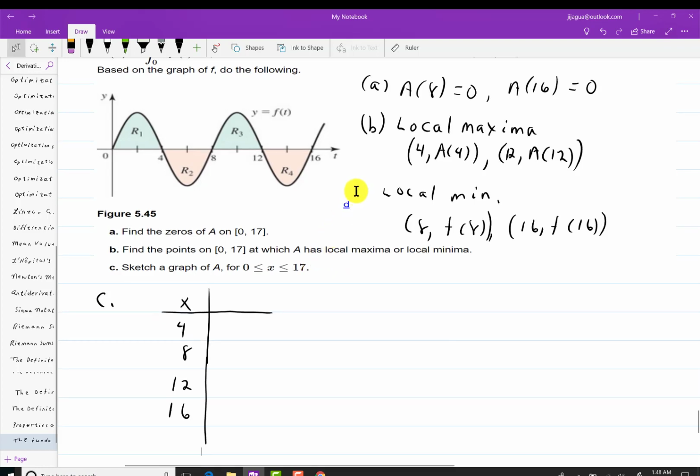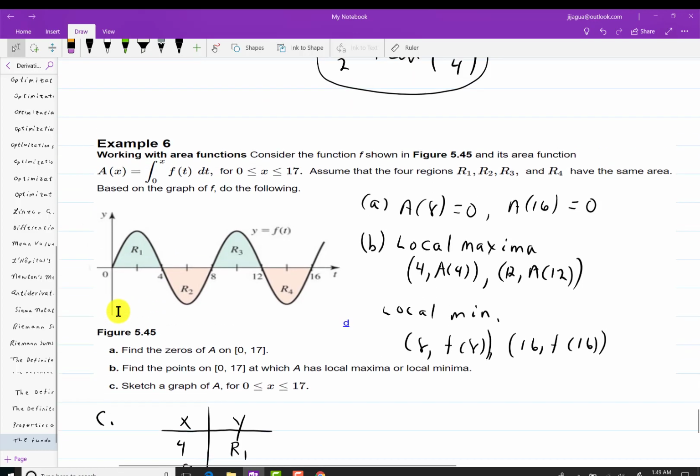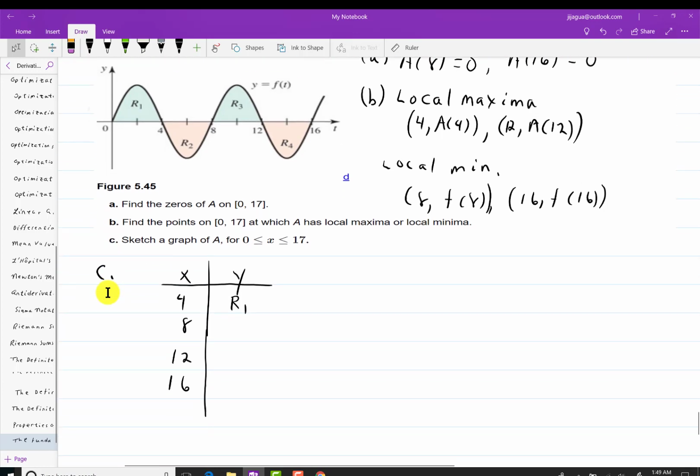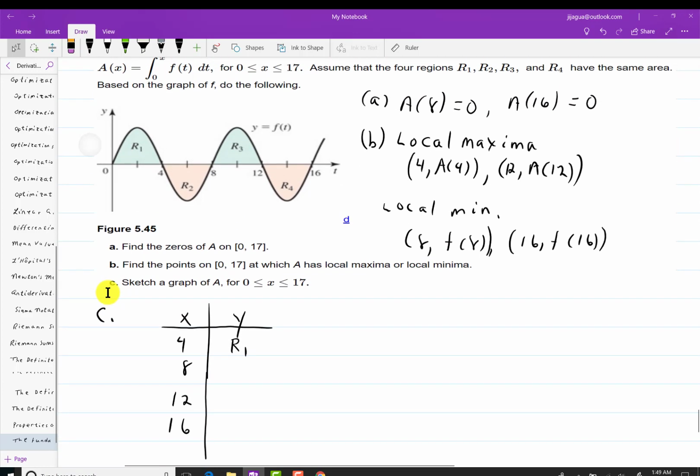And then I have the y values. Let's see, what is A of 4? Well, that's R1. I don't know if they gave us the values of these things? No, all I know is that it's R1. And then I have A of 8. I did it again, didn't I?